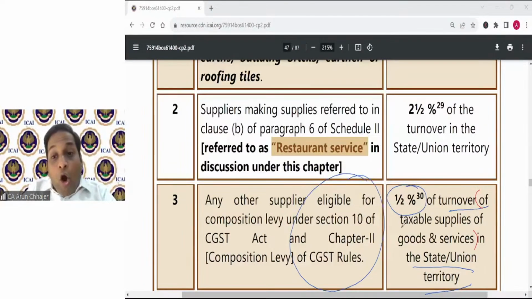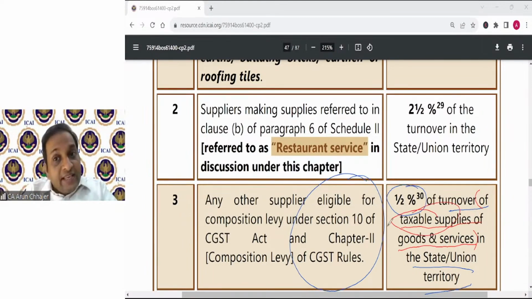What they are saying? Of taxable supplies of the goods and services. They are not saying turnover of the state or UT. They are saying turnover of the taxable supplies of the goods and services in the state or UT. That is, turnover of the taxable portion.